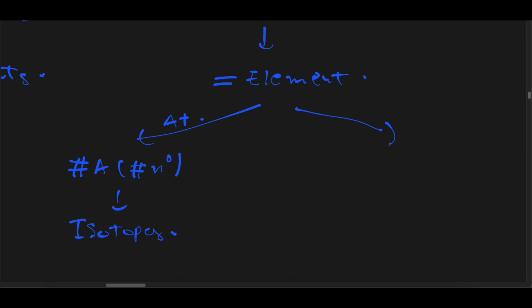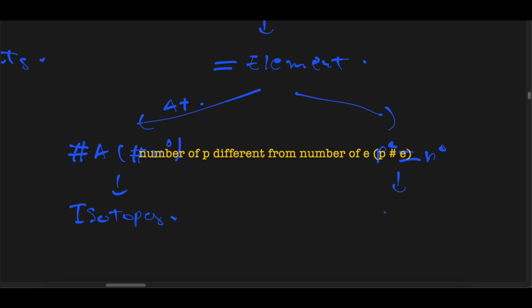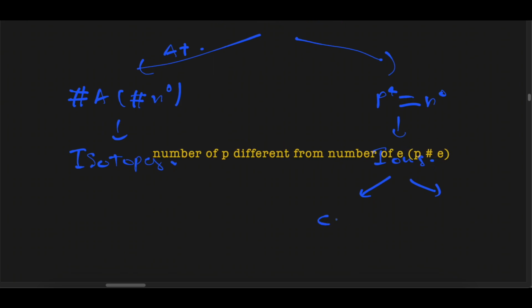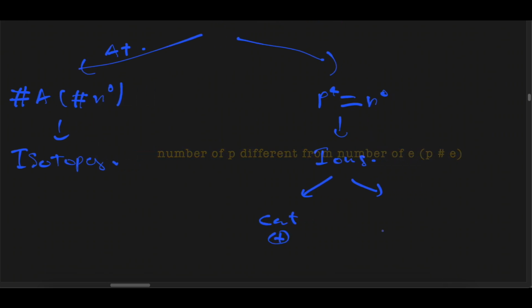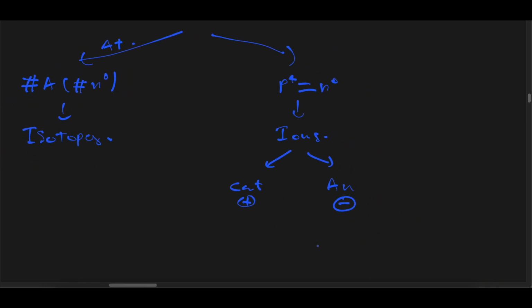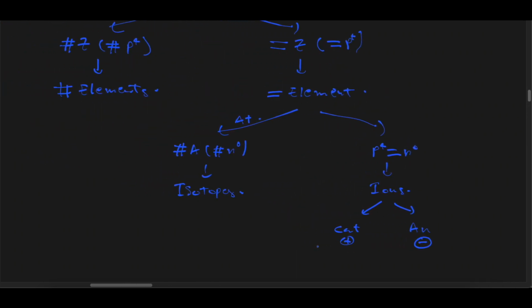And atoms of the same element that have a number of protons different from the number of electrons are the ions. And for ions, we said that we have two types: cation, a positively charged particle, and anion, a negatively charged particle. So here we have the summary of the atoms.